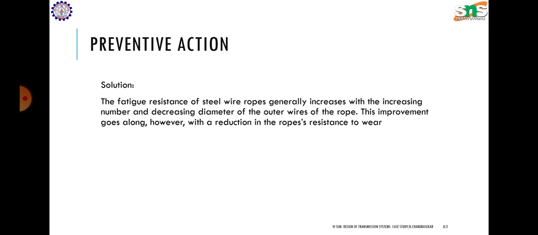So how to prevent this? The fatigue resistance of steel wire is generally increased by increasing the number and decreasing the diameter of the outer wires of the rope. So when we insist on using a 6x8 or 6x9 rope, we can increase the number of outer wires, that is 6x19 or 6x27 ropes. This improvement goes along, however, with a reduction in the rope's resistance to wear.